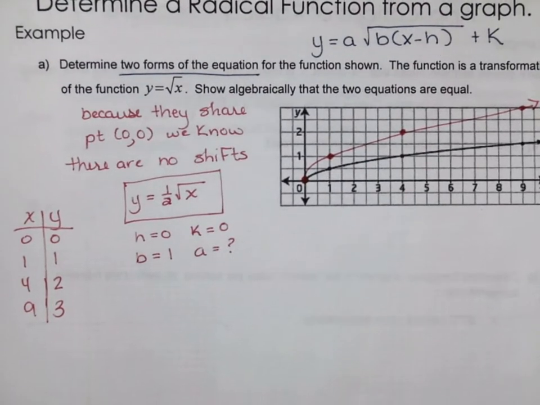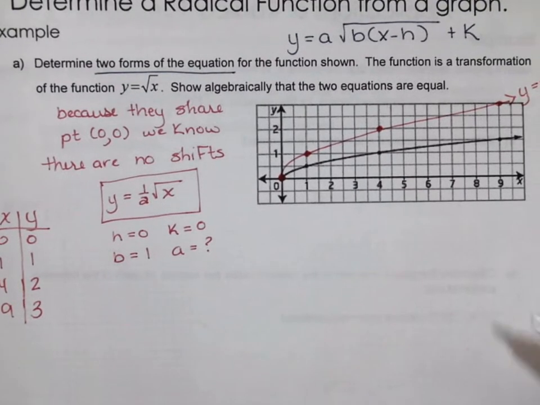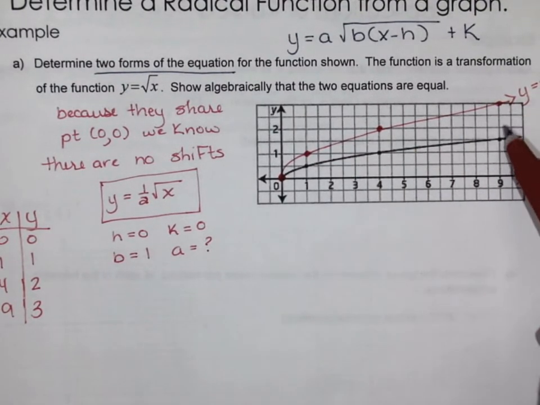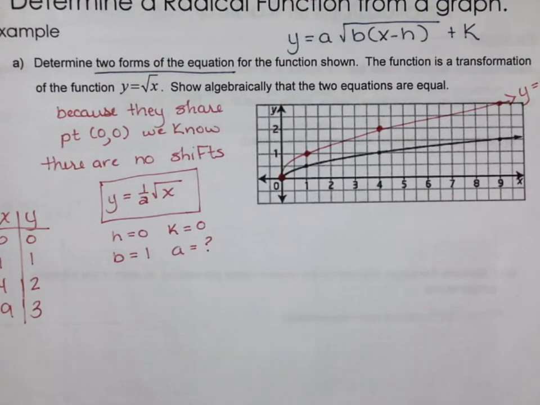Can you repeat why b is 1? Well, if we look at this graph, what's happening? These points are just dropping down, right? They're stacked on top of each other. So we know that those points haven't gotten squishier this way or longer this way. So we know there's no b transformation. The b value is 1. We're not multiplying it by anything.